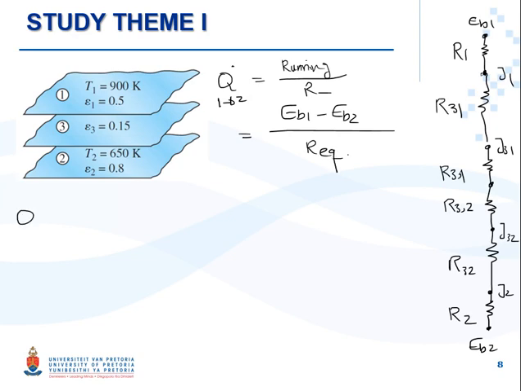But for Q dot 1 to 2 divided by A, we will have this equation.